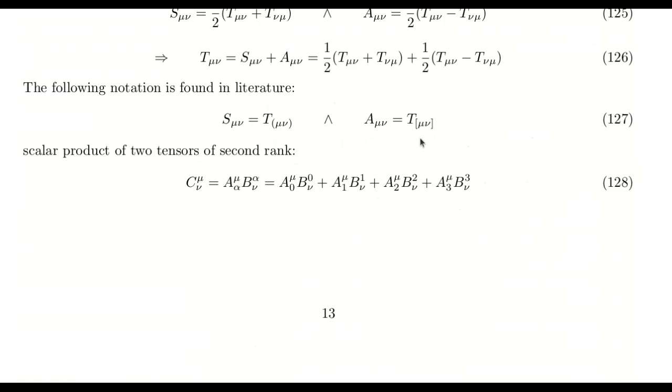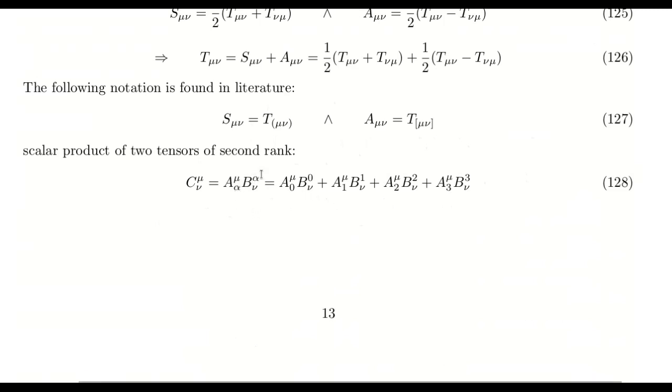Okay. Then a scalar product of two tensors A and B of second rank can be written like this. We have tensors A and B, and a scalar product is a summation over the components, and here alpha is a counting index.